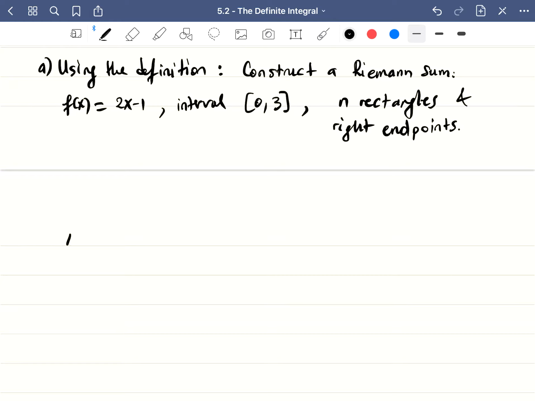Let's figure out what delta x and all the xi's are. Delta x is equal to b minus a over n, so this is 3 minus 0 over n, which is 3 over n. This is the length of each subinterval. If we have the interval 0, 3, we want to divide that into n subintervals.